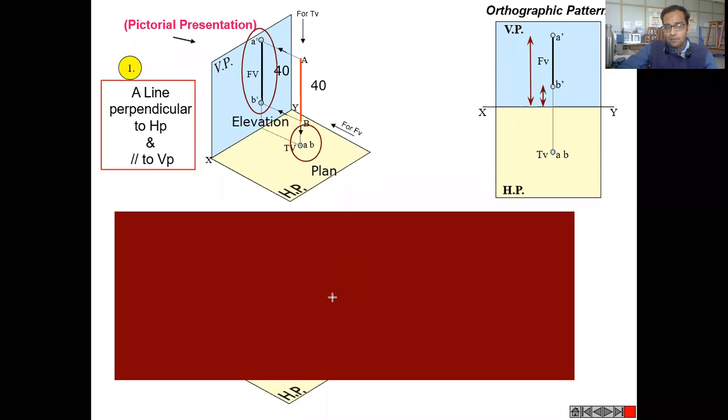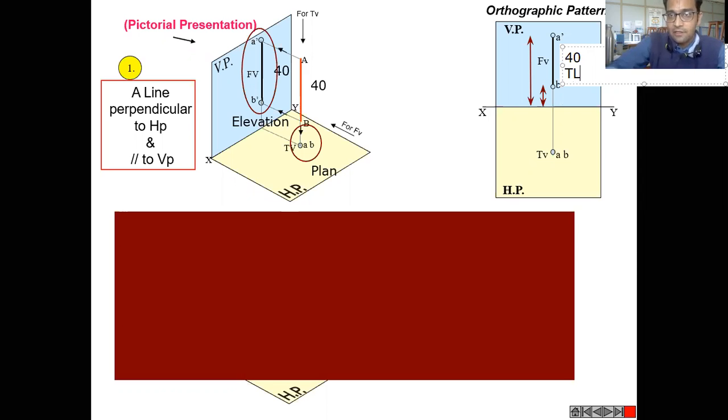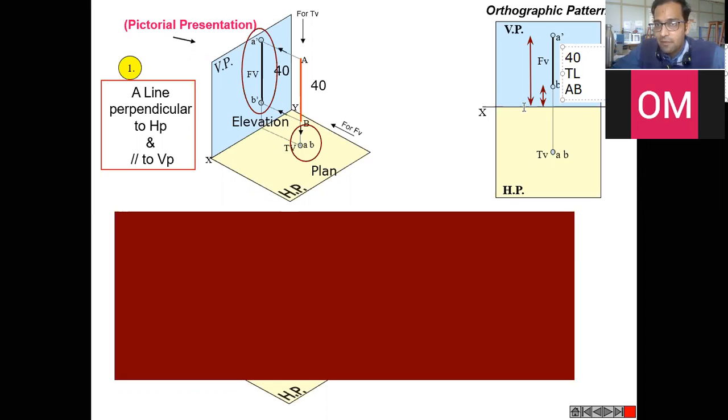Length of line is going to be 40 mm, which is the true length of line AB. And as we have seen, it is 10 mm away from the reference, so that 10 mm is going to be presented over here. 10 mm from the vertical plane, that is going to be presented over here. So ये होता है हमारा presentation.